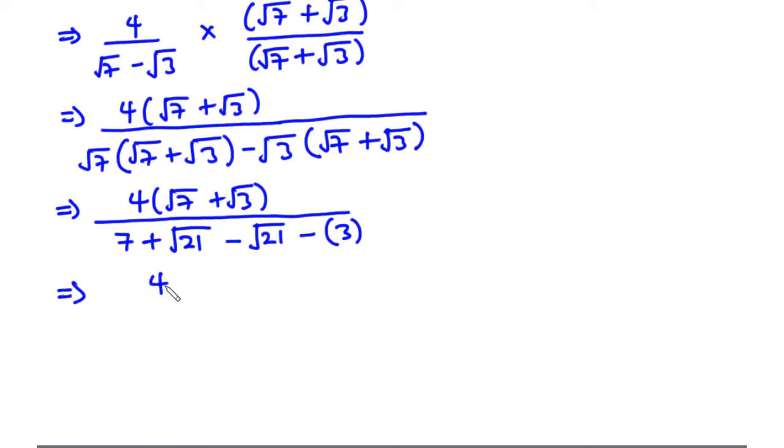So we still have 4 root 7 plus root 3 in the bracket divided by, now the square root of 21 minus square root of 21 is 0, so we have 7 minus 3.